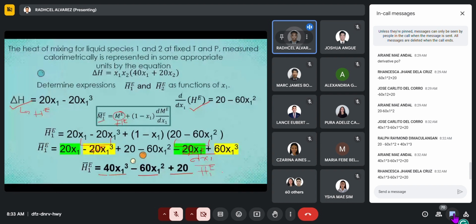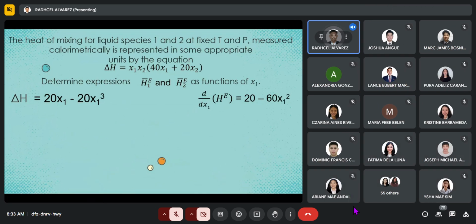Okay, very good. Tama ang inyong mga sagot. Now, hanapin naman natin ang ating sunod na property. So, our next target is the partial property H2. So, paano ang formula natin? Ito naman ang ating formula for H2. So, meron tayong ME or excess property minus x1 dME over dx1.